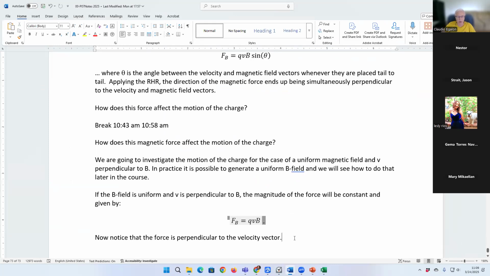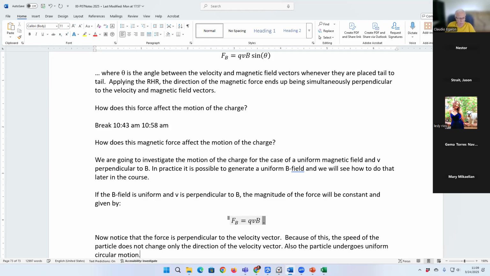Now notice that the force is perpendicular to the velocity vector, and because of this, the speed of the particle does not change. Only the direction of the velocity vector changes. Also, the particle undergoes uniform circular motion.